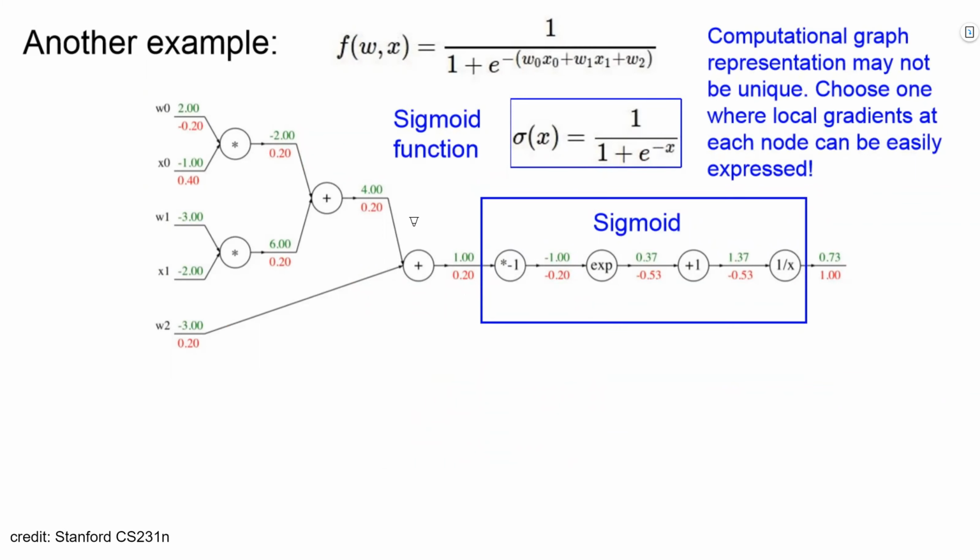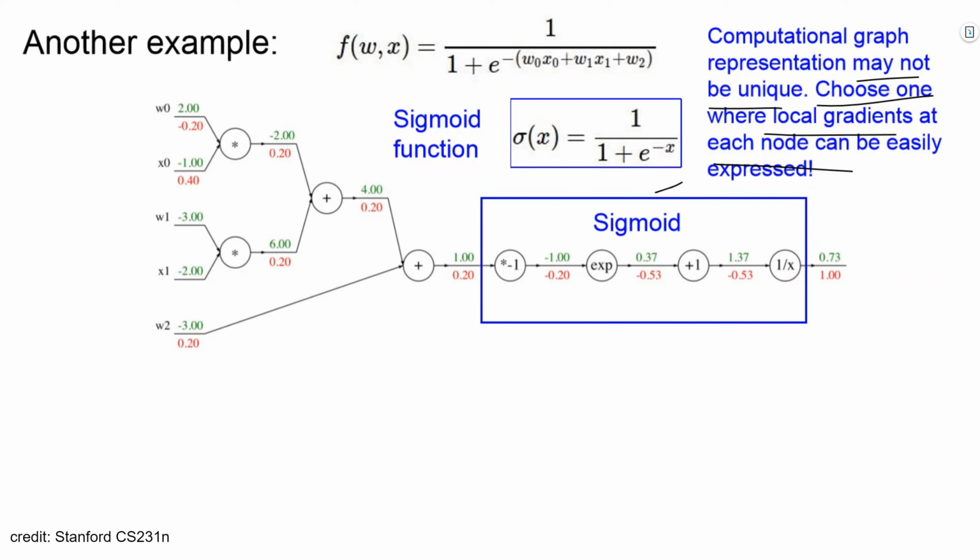Another thing I want to note here is that the computational graph representation might not be unique. There might be multiple ways to represent the same computation. And we are going to choose one where local gradients at each node can be easily expressed.